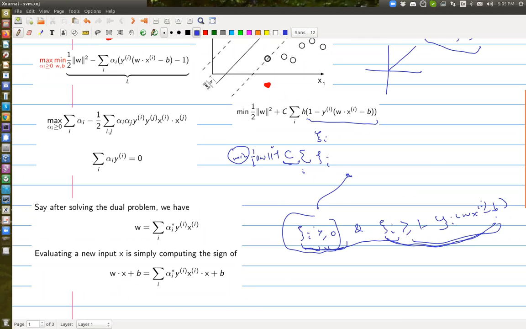I can have an additional Lagrange multiplier, Ri in my notes, times Ci, summed over all i.